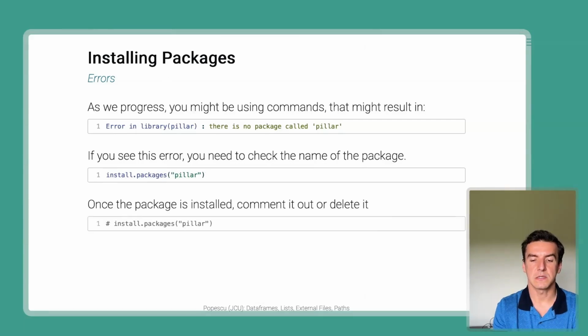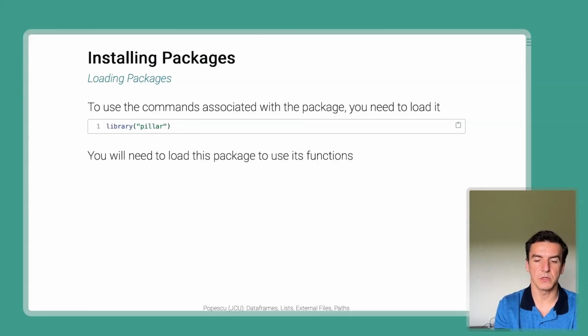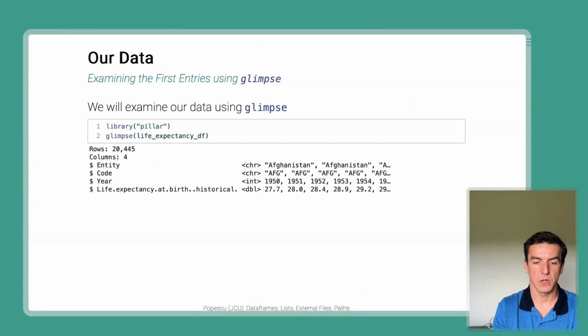Once I did this, once again, either comment it out by putting the hashtag in front of it, or just delete it completely. Okay, this is how we load libraries. We simply do library, quote, pillar in this case, but obviously others will work too. You need to load this package in order to be able to use its functions.